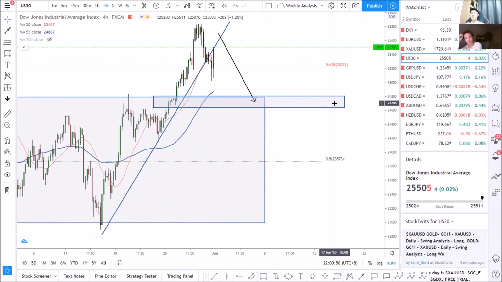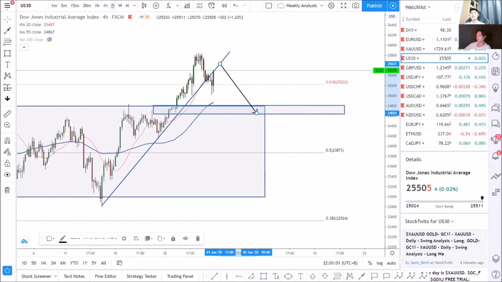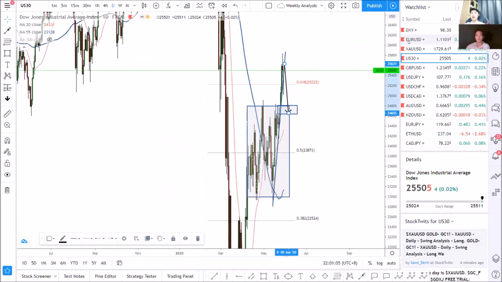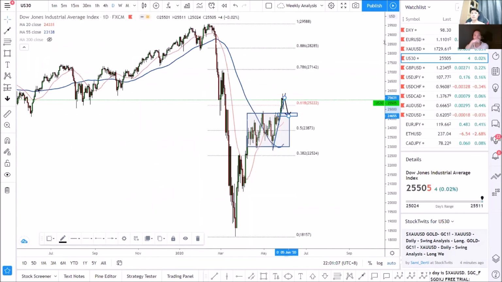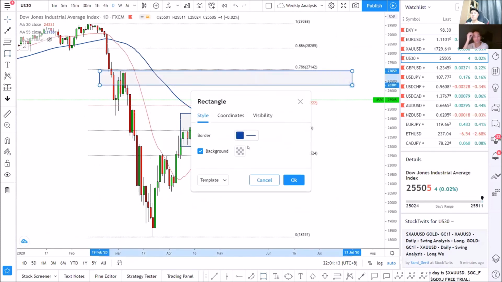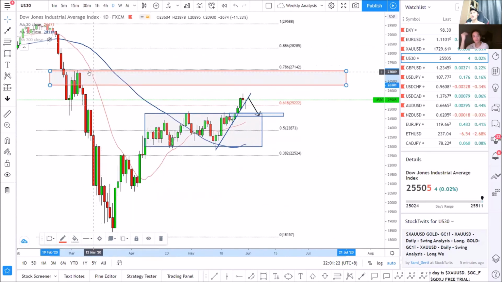So this will be a good demand zone to look to buy the Dow Jones again, and we can look all the way back to the previous high. This will probably be the final surprise zone we are looking at. Of course, we cannot be that sure, but from the chart itself, this is a very important resistance.